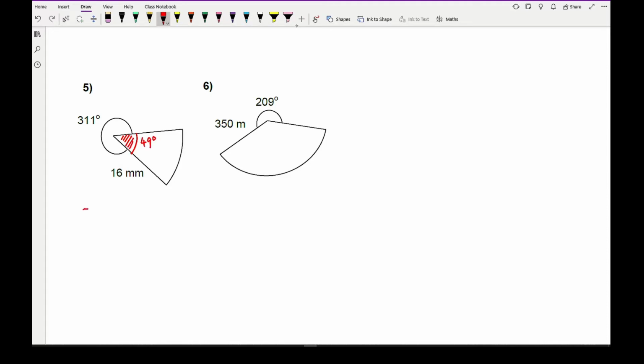So with question 5, the area is going to be 49 over 360 multiplied by pi times 16 squared. And again, I just simply type that into my calculator. If you've got a fraction button, I certainly would use it, but make sure that what you're typing into your calculator looks exactly how I've written it on the screen.